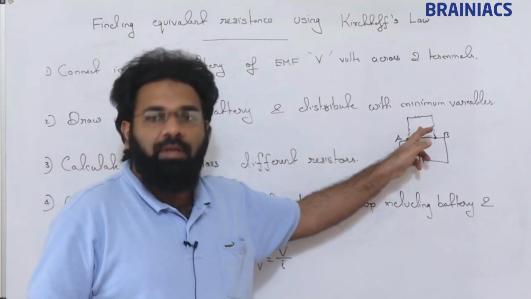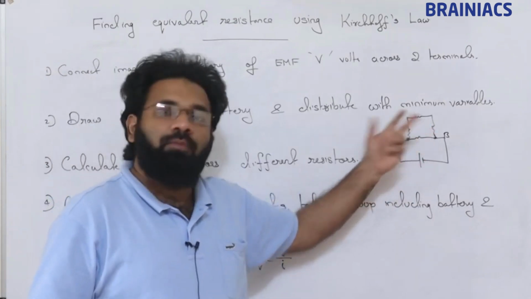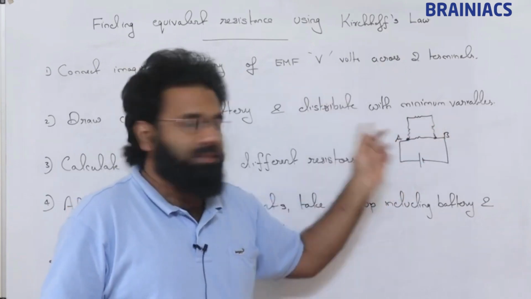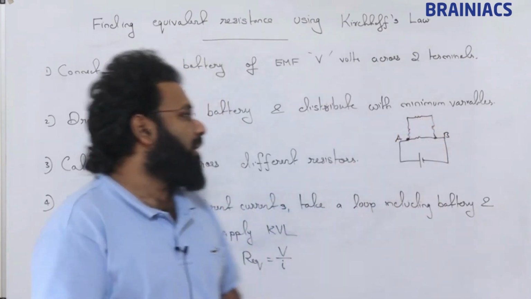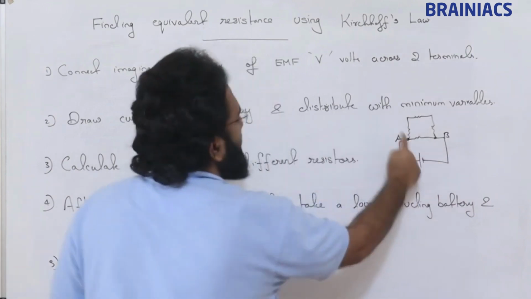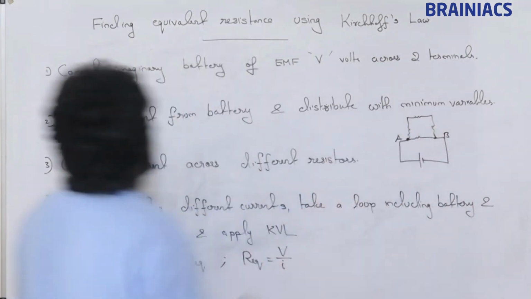This circuit we could solve in no time, but as an example I have taken this. We need to find the equivalent resistance across AB. What we need to do? Just connect an imaginary battery.